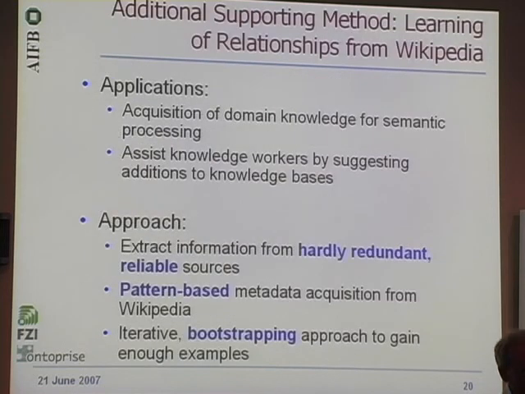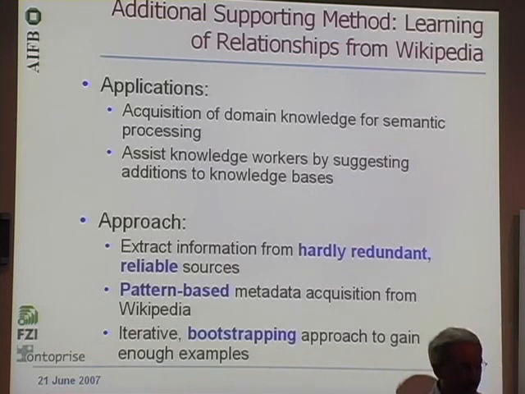Okay, so let's address one of these aspects, how you could improve the generation of these semantic links. One aspect is how you could exploit some learning approaches in that context in order to generate some of these typed links in the end.